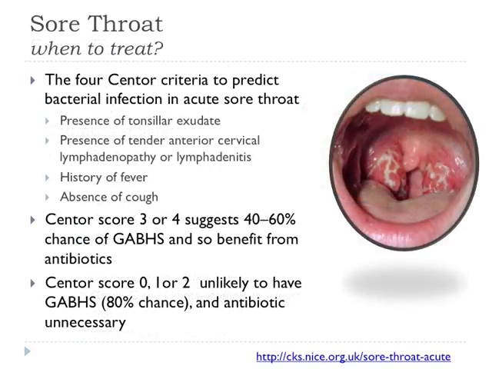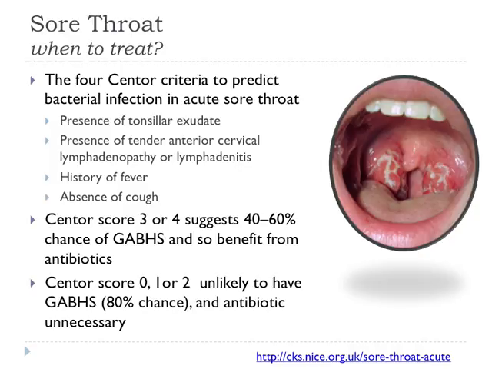And this does create a dilemma in the primary care setting of when do you actually treat. And there are these so-called 4 Centor criteria that are commonly recommended now as a way of working out whether you should give antibiotics. So if there's a tonsillar exudate, so you can see in this image here, you've got this exudate on the tonsils.